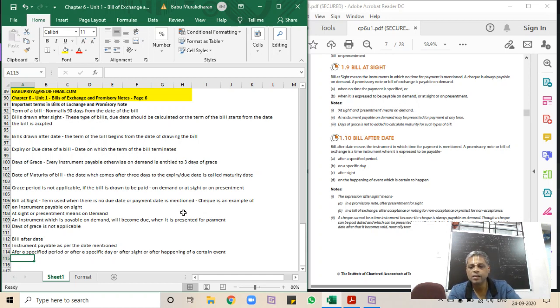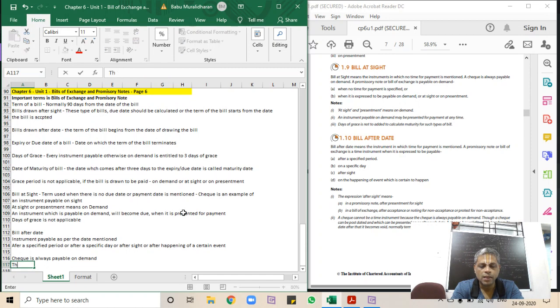If the date of the instrument is 25th September, it is payable on demand from 25th September till 90 days, because a check has a validity of 90 days. After that, it becomes stale. So a check is always payable on demand. Then again the question comes: is there a possibility of a post-dated check? Right? The question will come, there is a possibility of a post-dated check.